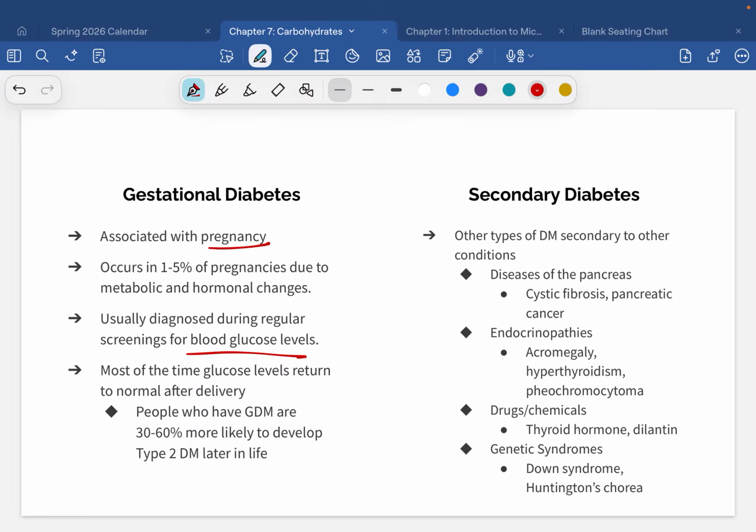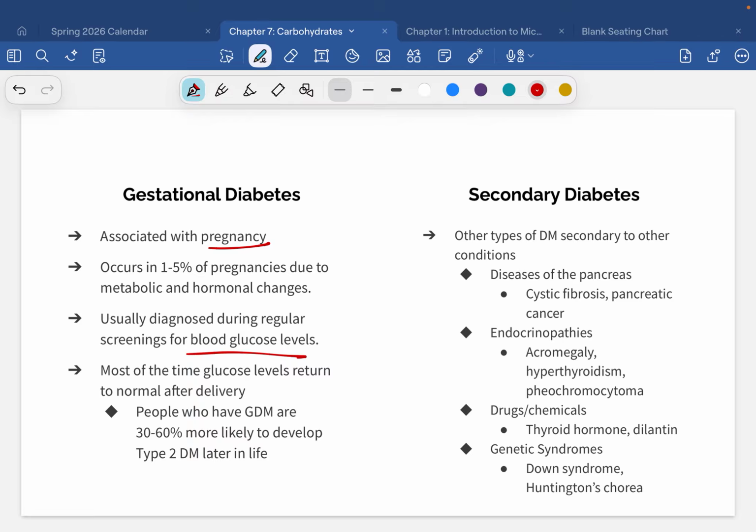And it's just one of those things that if when you are pregnant, your insulin receptors kind of crap out on you because you're pregnant, as you age, it's more likely that that is also going to happen. And then secondary to diabetes are just other types of diabetes secondary to other conditions.